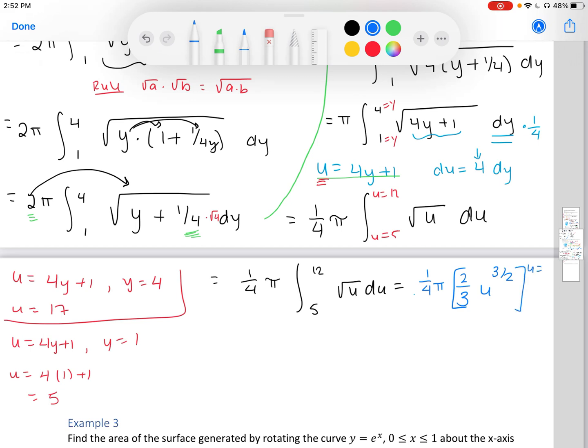And we're going to plug in the values u equals 17 and u equals 5. So we have 1/4 pi, and let's factor out that 2 over 3 constant.